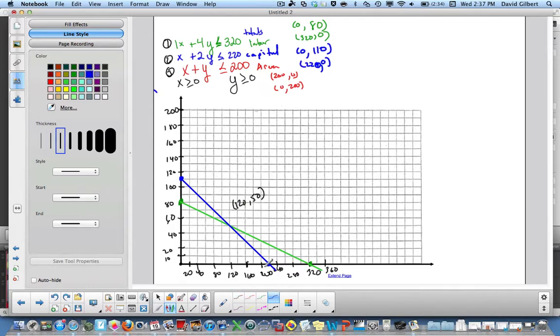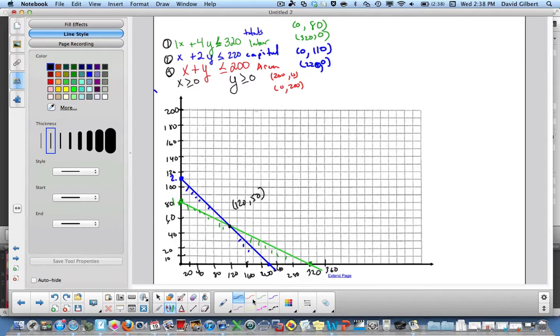Again, I forgot to shade, but going back and checking through my color code or your number code, equation 2 is 0 plus 0 less than 120. Yes, that's going to shade towards the origin. Is 0 plus 0 less than 320? Yes, that shades towards the origin. We include the origin because that worked.